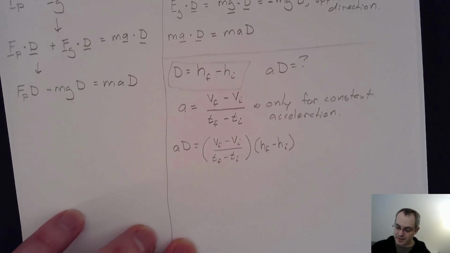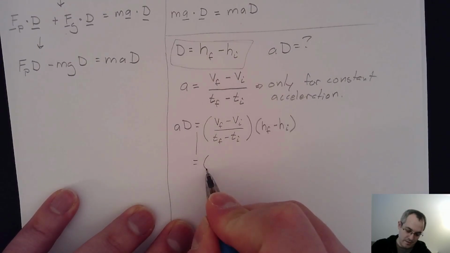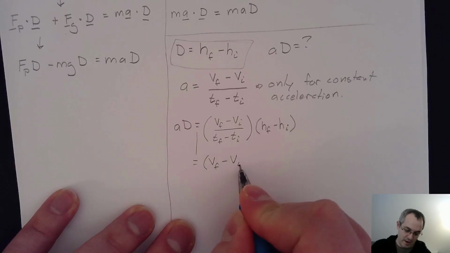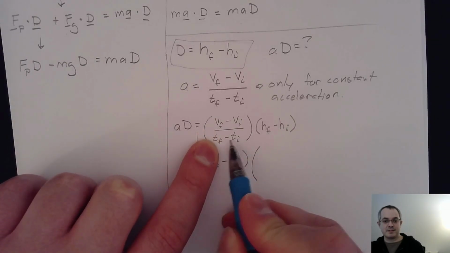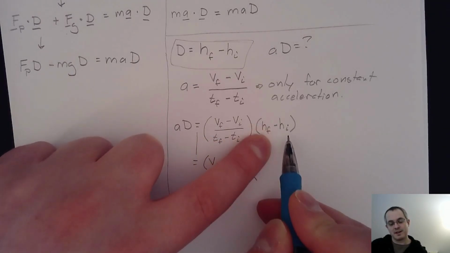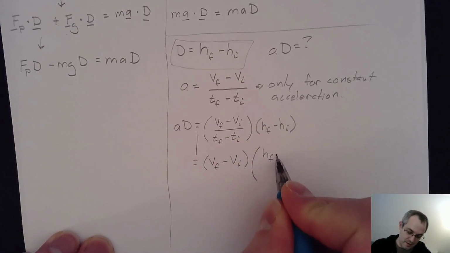And then we can write this as Vf minus Vi. If we just slide this t, this difference in time, over to divide the h's instead, we get this.